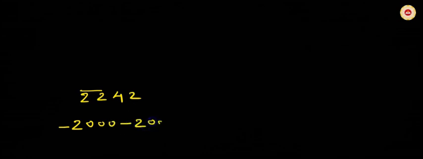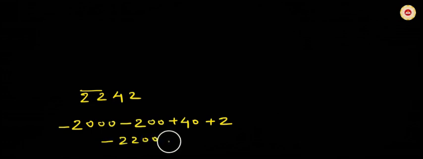What is the value of this 4 which is at tens place? Plus 40, because this 4 is positive. What is the value of this last 2? That means 2 which is at units place, 2 only. So minus 2000 minus 200 is minus 2200, minus 2200 plus 40 plus 2.